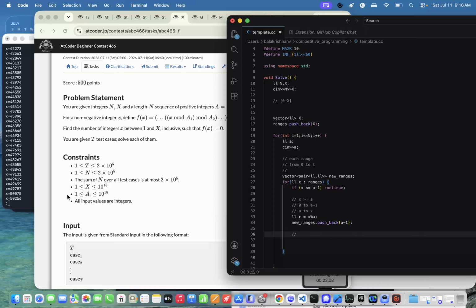X is greater than or equal to a. Full ranges.